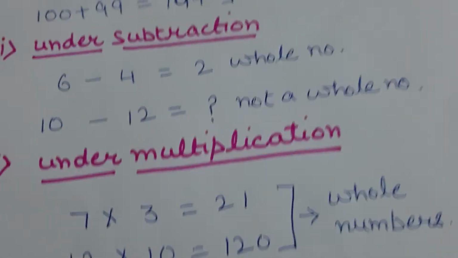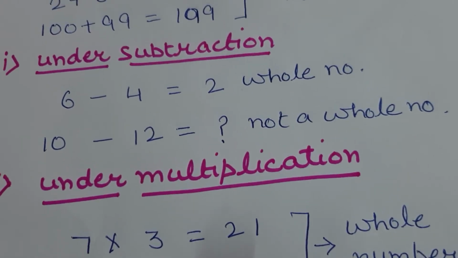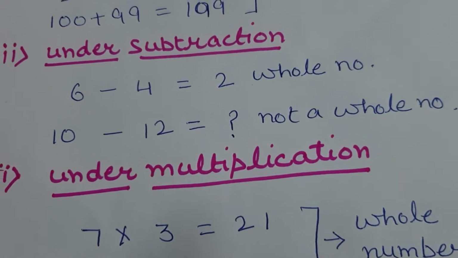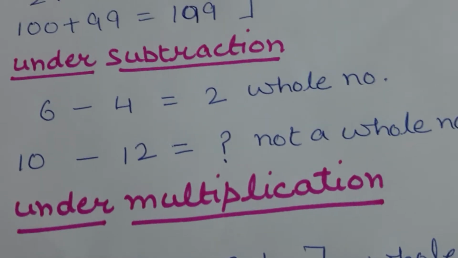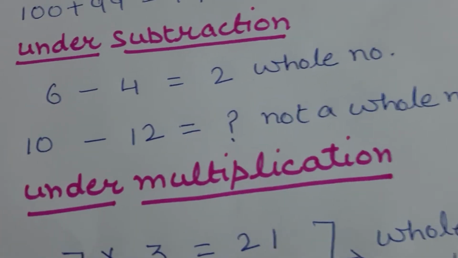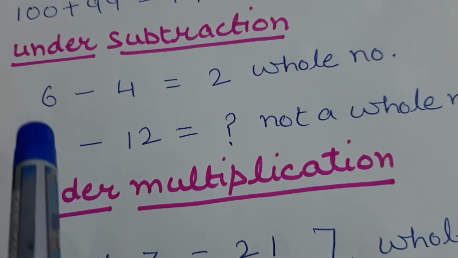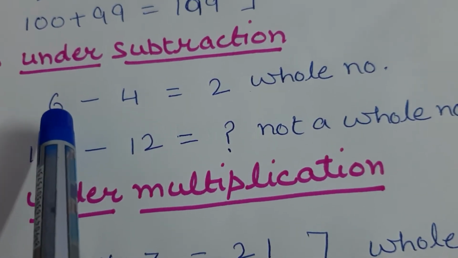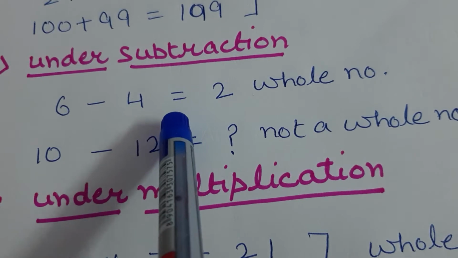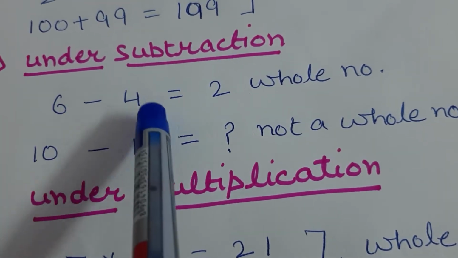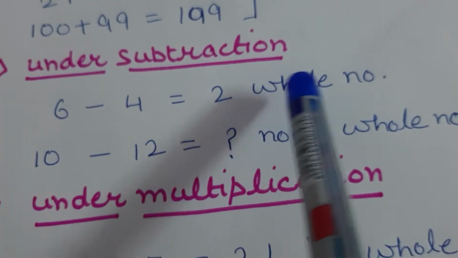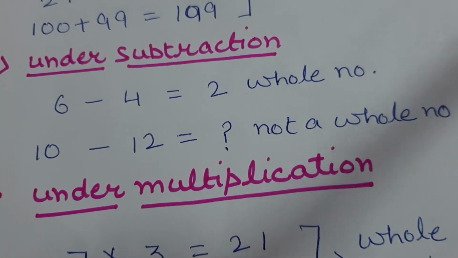Now second, we are taking subtraction, meaning on whole numbers we use the subtraction operation. First I am taking 6 and 4. When we subtract 4 from 6, we get 2, which is a whole number. That is fine.